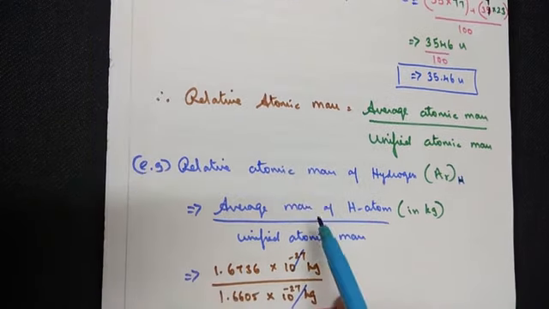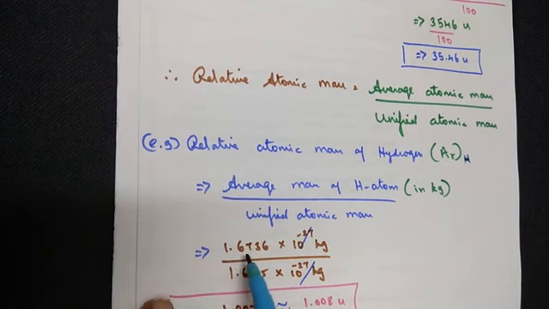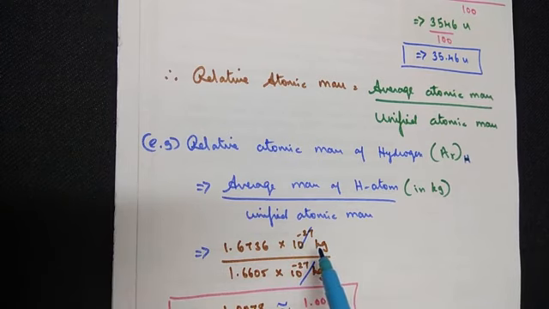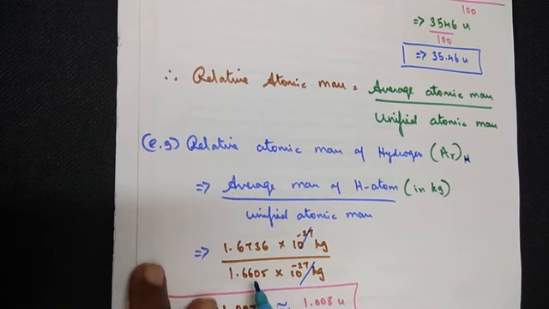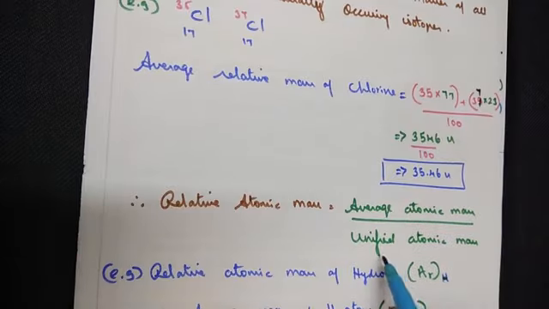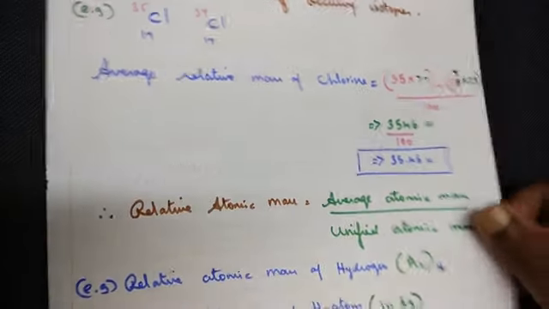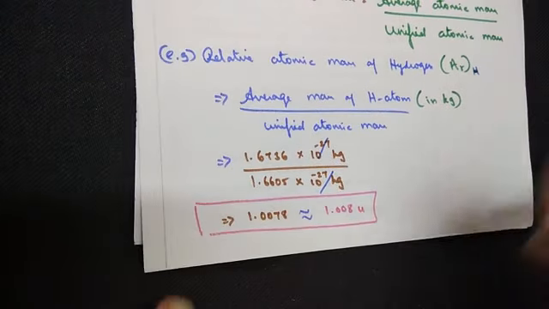Now the value that is calculated is 1.6736 x 10^-27 kg. This is the weight of the atom. Now this 1.6605 x 10^-27 kg we have calculated to be the unified atomic mass, that is, the 1 amu value.